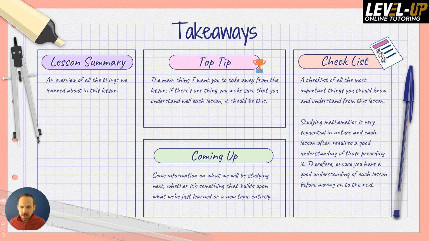Then we have the coming up section, which is what's coming up in the next lesson. Whether that's building upon what we've currently done, so it's tying things together, or perhaps a completely new topic. And then finally, we have the checklist over on the right, where we have all the really important things you should learn from that lesson, and treat it like a checklist: check, check, yeah, I've done that, done this, because like I mentioned a moment ago, math is a very sequential subject.